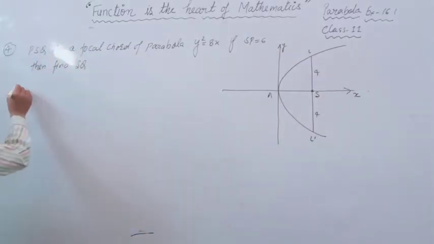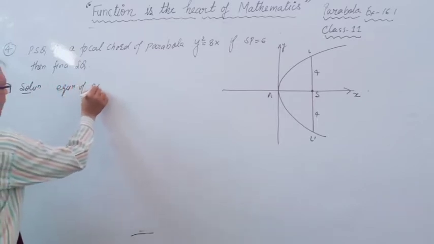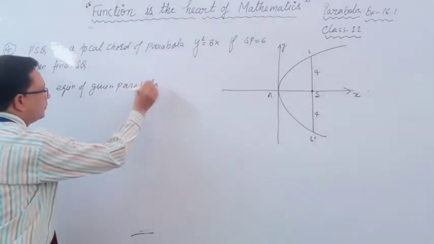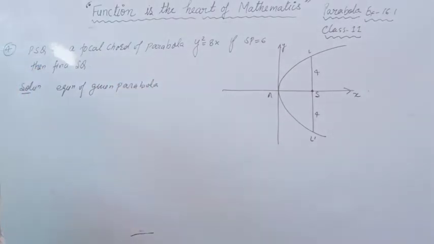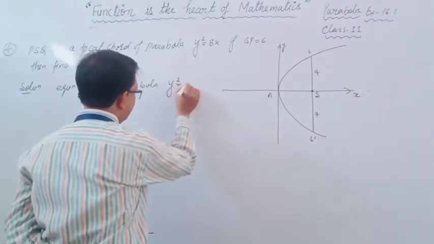Now here we write the equation of the given parabola. The equation of the given parabola is y square is equal to 8x.